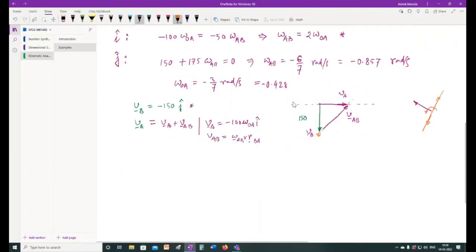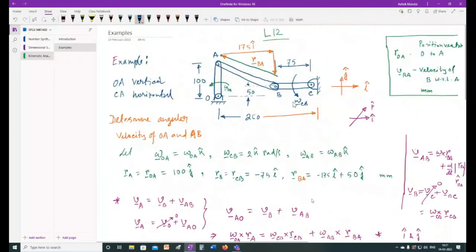Let's go to the second part of the same problem. The second part is we have to determine the angular acceleration of links AB and OA. Determine angular acceleration of AB and OA.